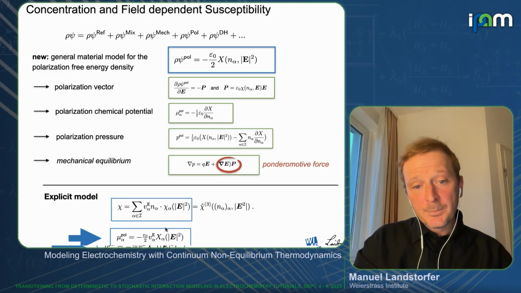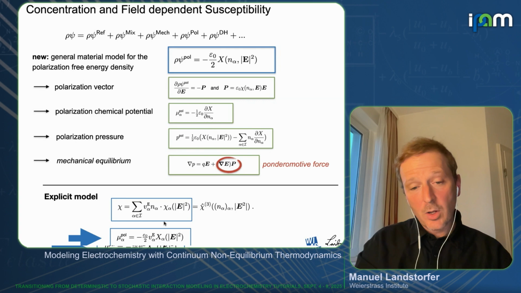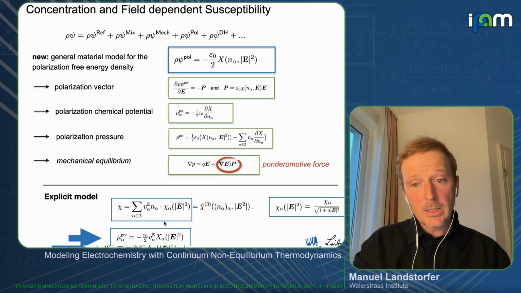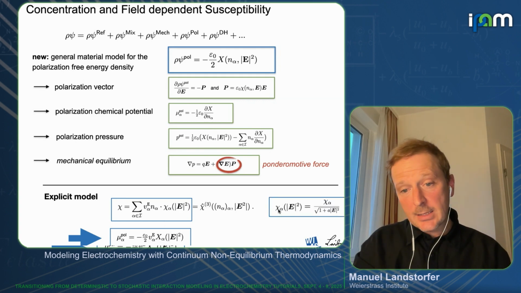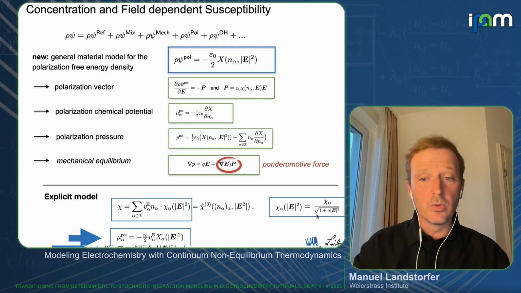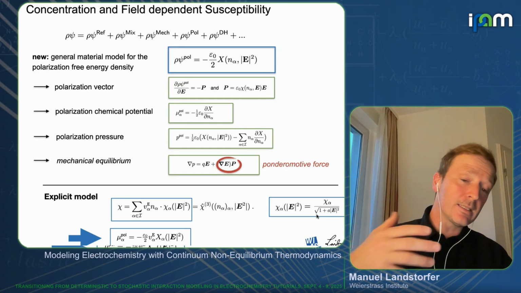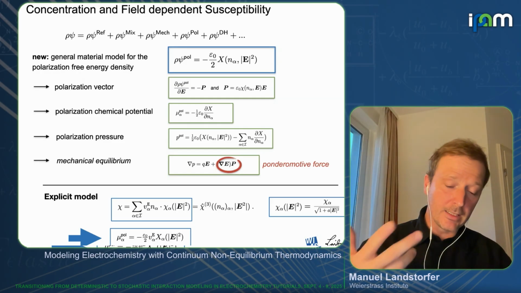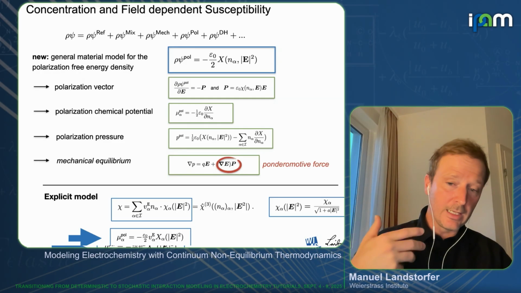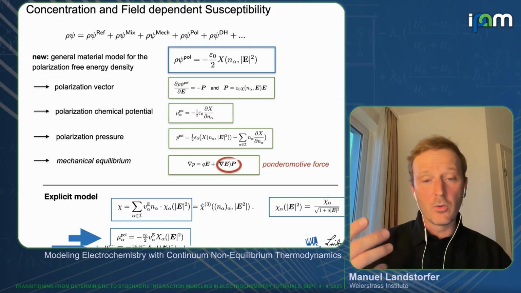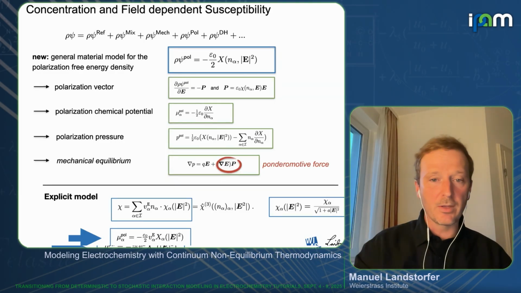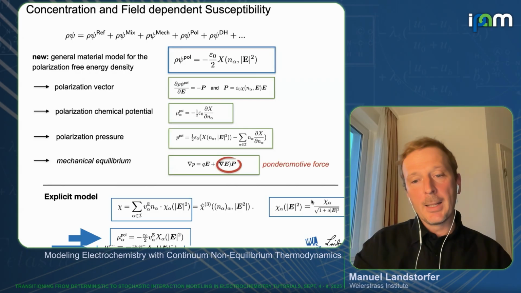And this is the explicit model we're going to use here, in the sense that chi basically scales with 1 over the square root of the electric field squared. This also has something to do with the idea that lower electrostatic fields are Lorentz invariant. So this is somehow the deeper origin of this.